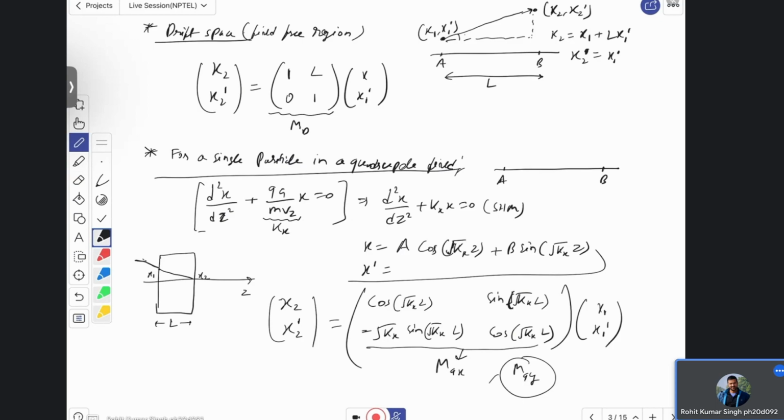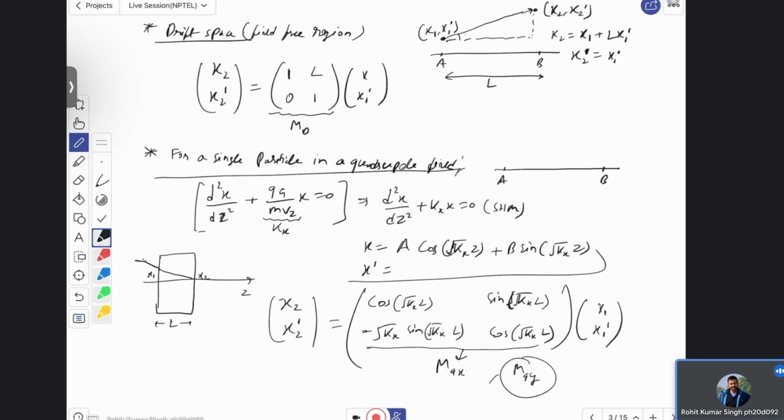Okay, so in this way we can visualize the focusing within a mathematical framework.